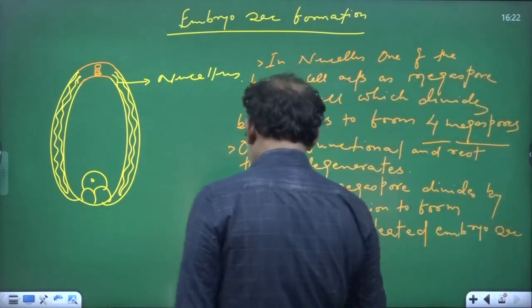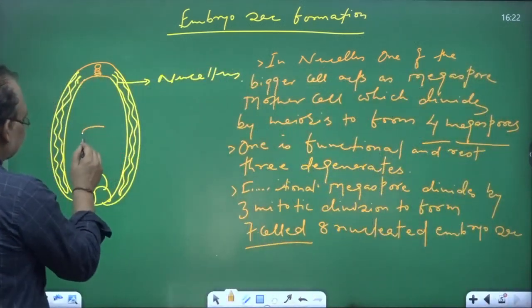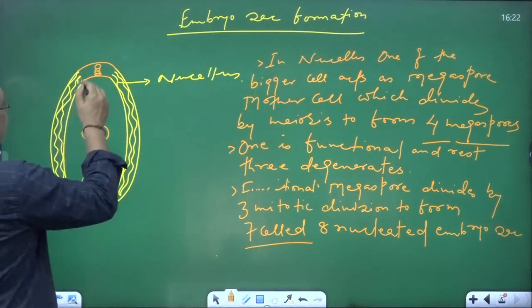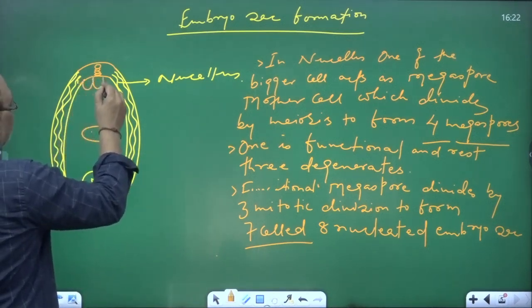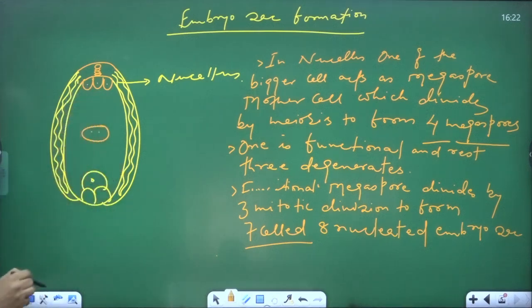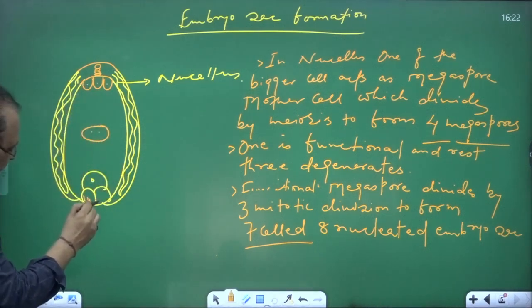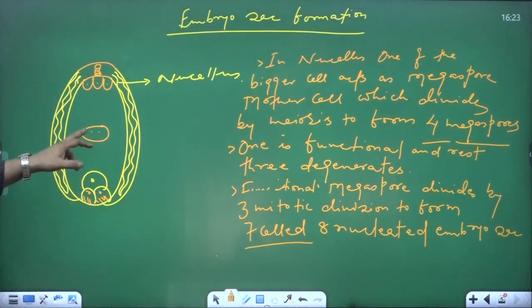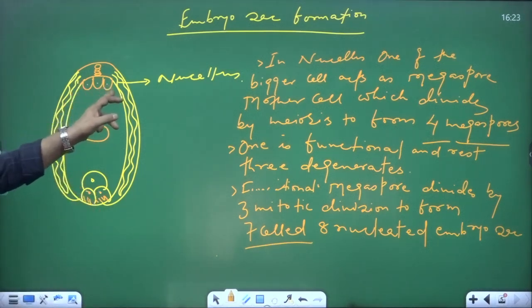So how many cells are there? You see, there is a central cell containing 2 nuclei, and there are antipodal cells. So you calculate the number of cells. How many cells are there? 3, 4 and 3, 7.